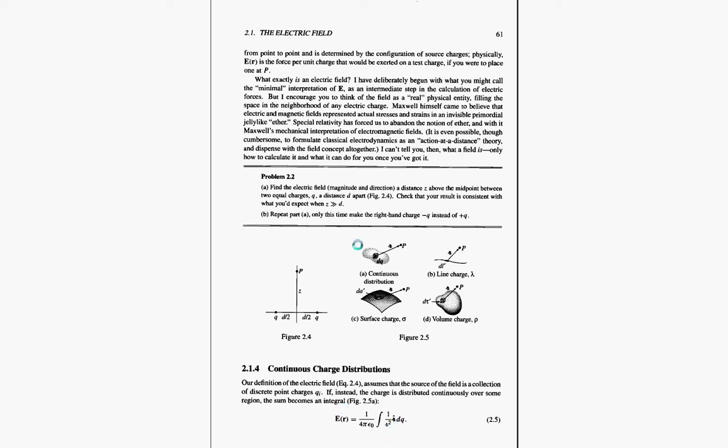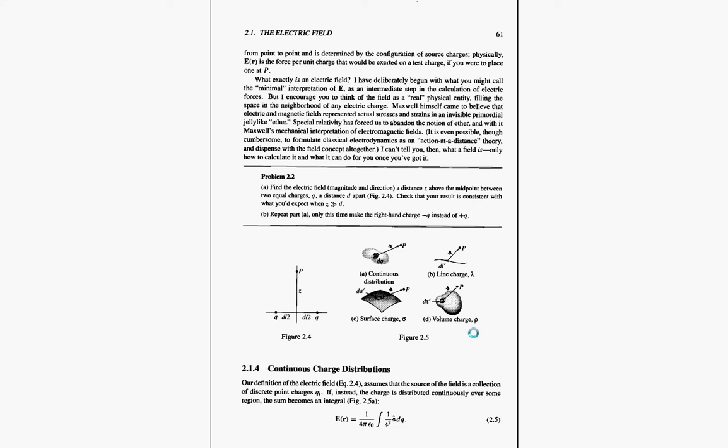And then we will consider other cases: a line charge, a surface charge, and a volume charge. Lambda is the line charge density, sigma is the surface charge density, and rho is the volume charge density.